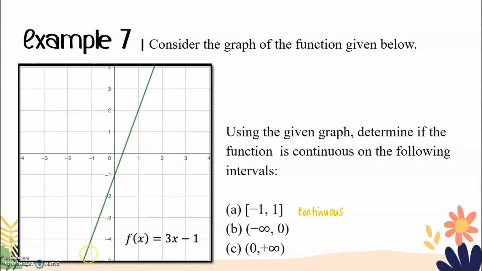Since we are starting from -infinity, tracing the graph from -infinity going to 0, we did not encounter any hole, meaning to say on the interval, the graph is continuous.